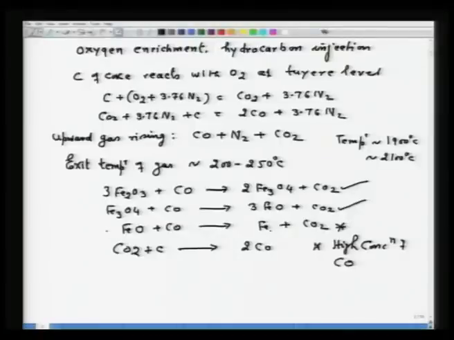So, particularly this reaction occurs at the bottom of the stack and Bosh region where you have high concentration of CO. So, that is an important thing.